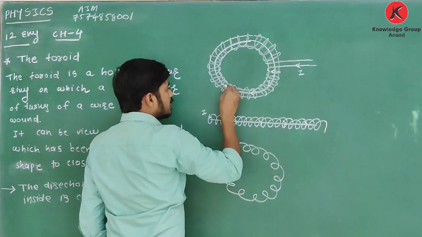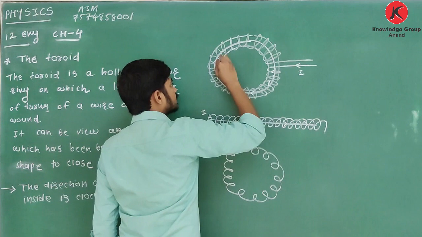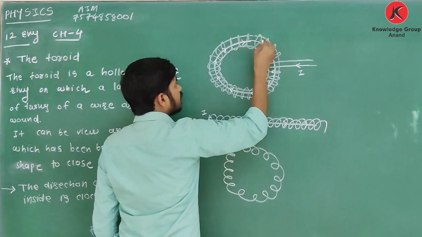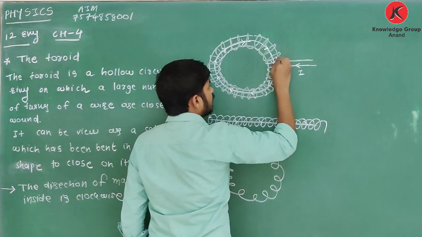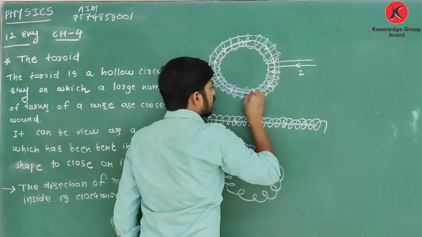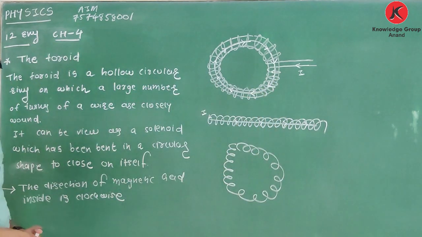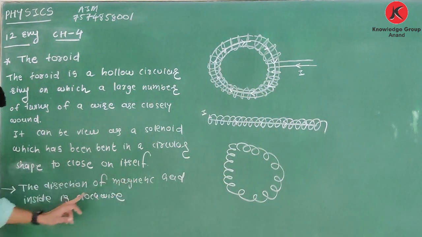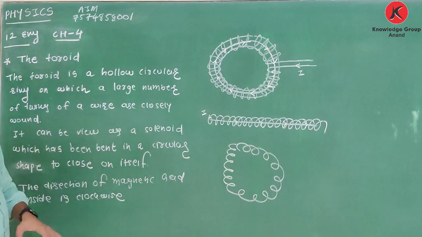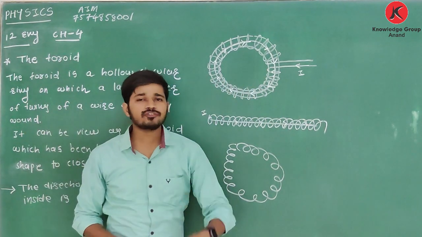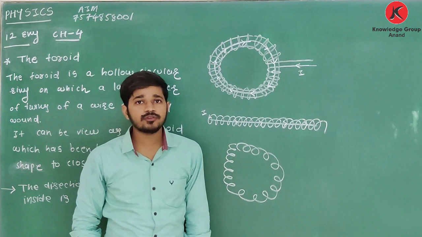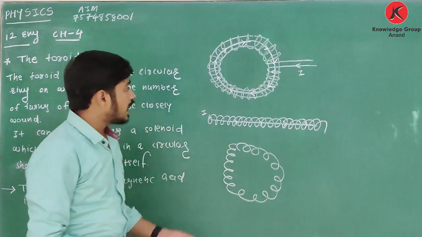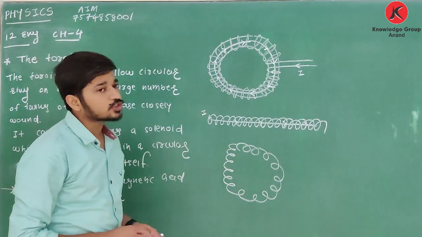So the direction of the magnetic field inside is clockwise when current is flowing in this direction. Clear about it?